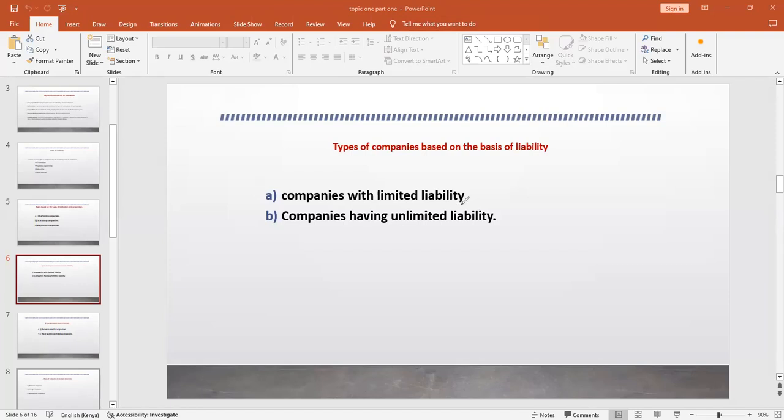So companies with limited liability simply means that the company's debts are not the owner's debts. That's another way to understand it. If it is liability by shares, that is just the relationship between the company and the owner.